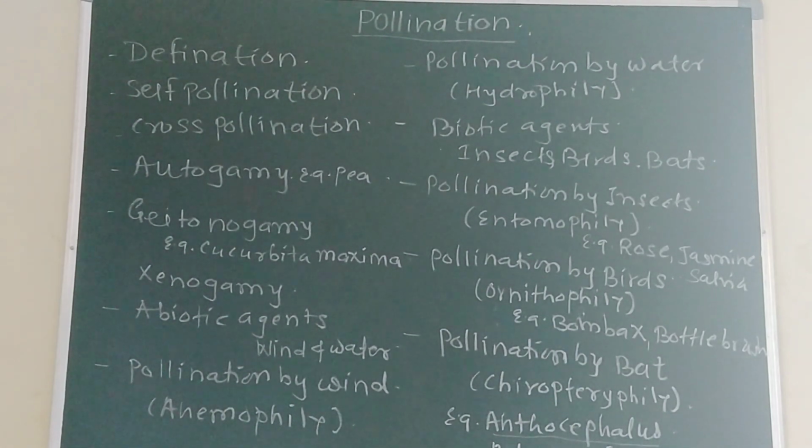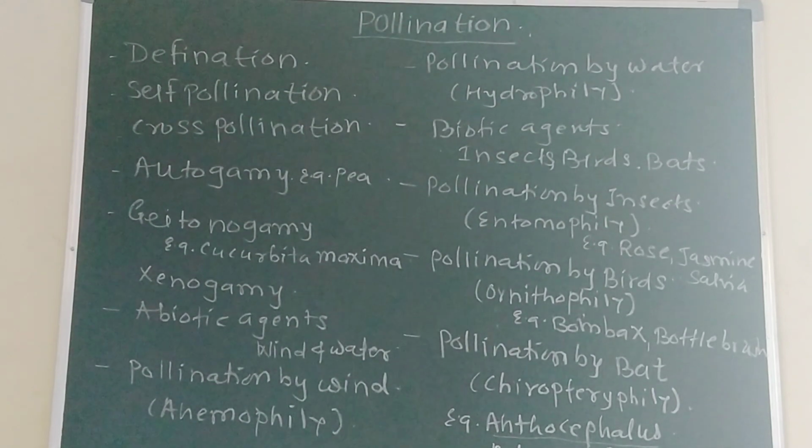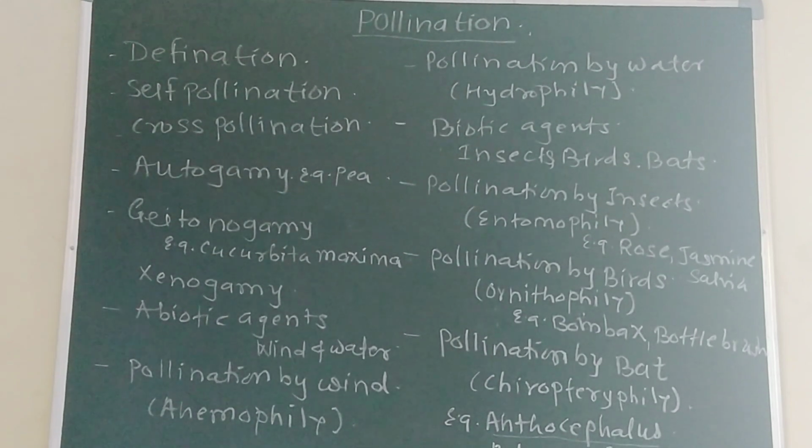Pollen grains are non-motile and transferred by abiotic agents like wind and water, and biotic agents like birds, insects, and snails to the flower. Pollination is the prerequisite for fertilization because both the male and female gametes are non-motile.